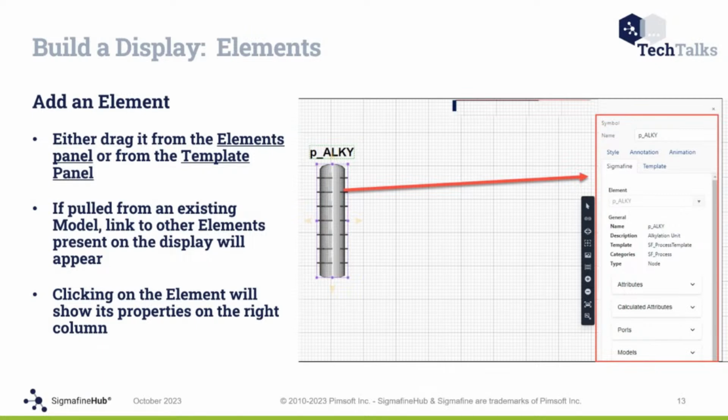If you want to see the element name, or the pressure, let's say the various attributes for that element, you can bring them into the annotations and show that on your display. Change fonts, change colors, animation. You see there is an animation tab here. You can make a change of state, so you want to change it to green, yellow, purple. You have everything accessible from that property panel on the right side of the screen.